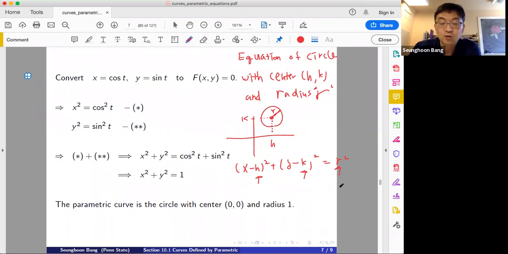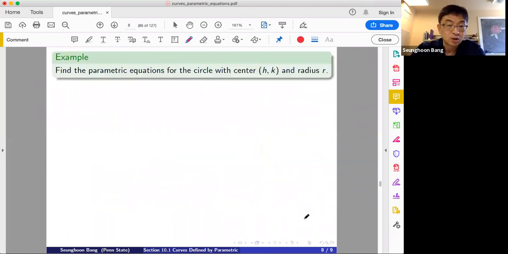This r is the radius. Yeah, you're right. So here, I'm going to find a parametric equation for the circle with center (h, k) and radius r.